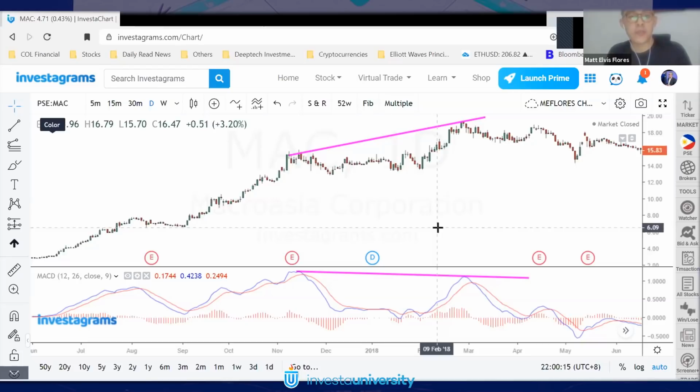Pangatlo, which is the very important one, is the identification of divergences, meaning bullish divergence and or bearish divergences. But again, don't use MACD as your main indicator. Use MACD using daily or weekly time frame. Okay?